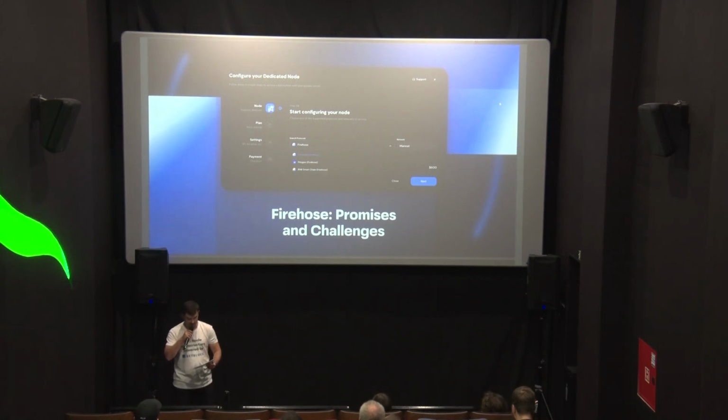GetBlock users can choose Firehose endpoints in their accounts, just like they do with ordinary RPC nodes. That's how our account dashboard looks. So you just go to the list of networks and choose a Firehose-enabled Polygon and Firehose-enabled BSC.